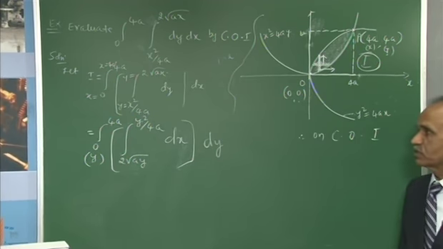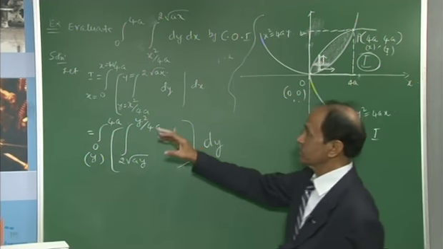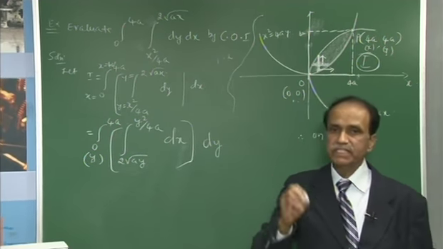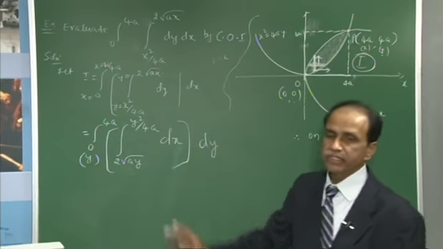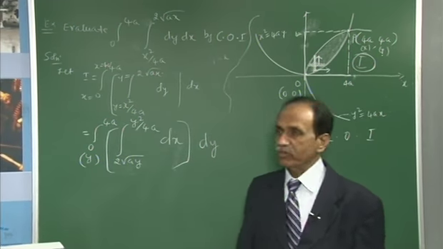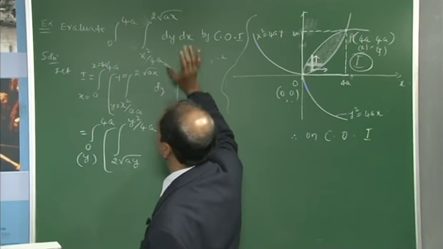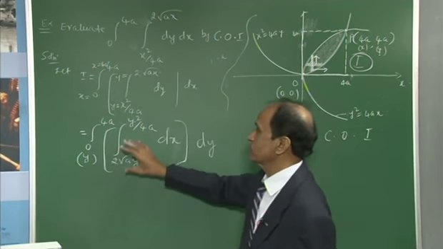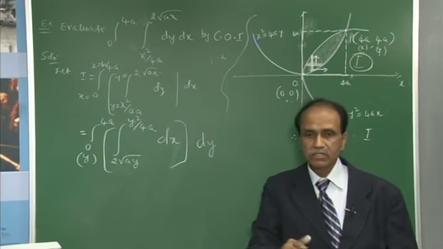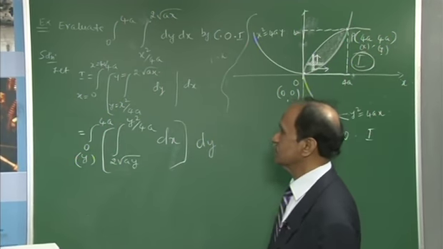I hope you understood the necessary steps, because if you understand one problem in depth, everything else you can follow automatically. This is 0 to 4a, this one in terms of x, now 0 to 4a, this one in terms of y, that is all. Now, let us do the integration here.